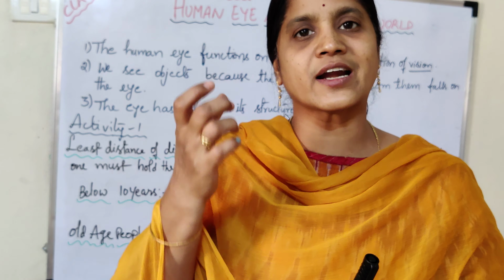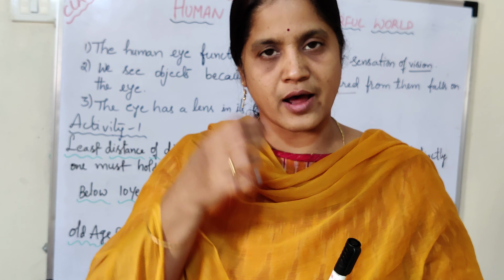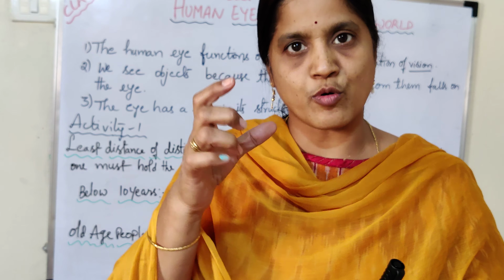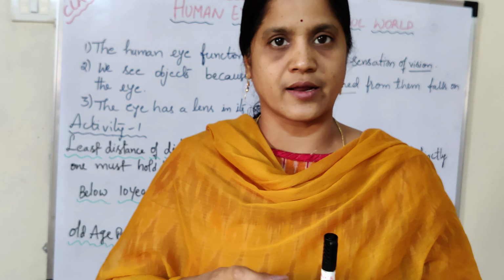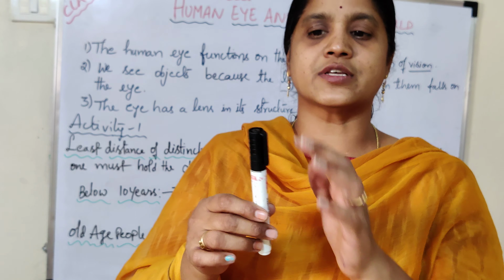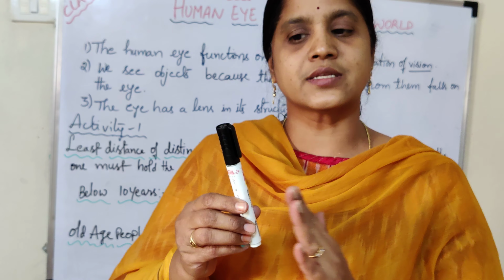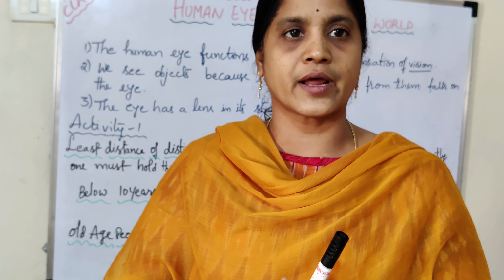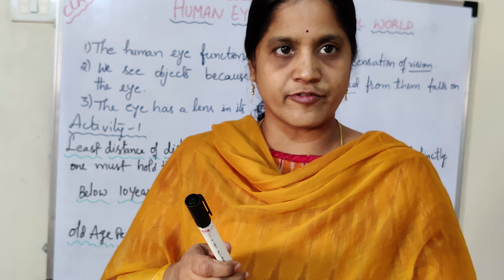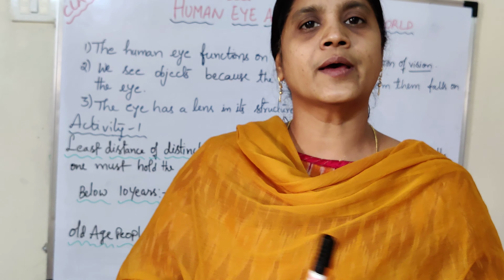In the eye we have an important part, that is the retina. On the retina we get the image of this pen, and it is sent to our brain through electrical signals. Then we can identify that this is a pen.